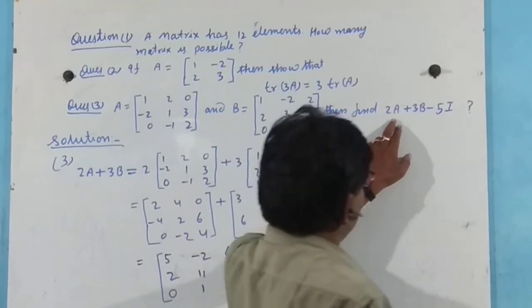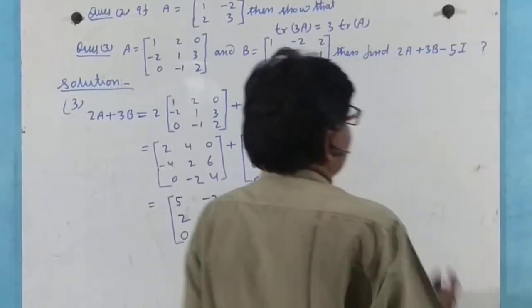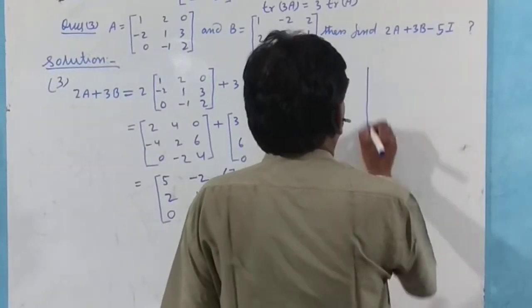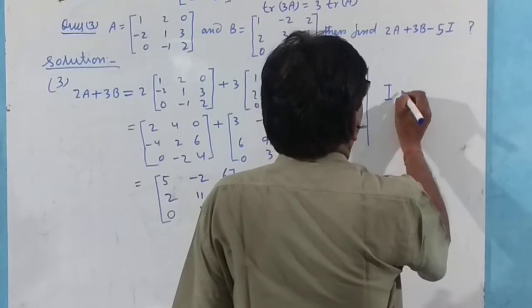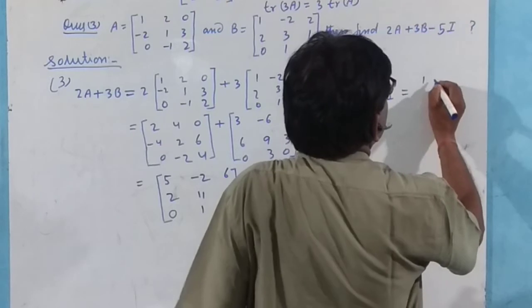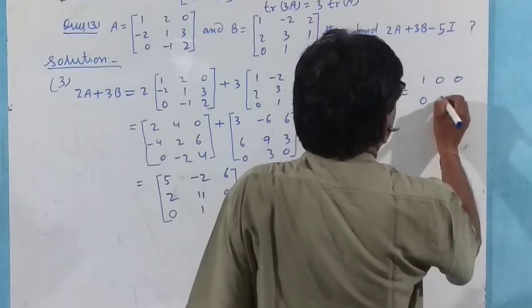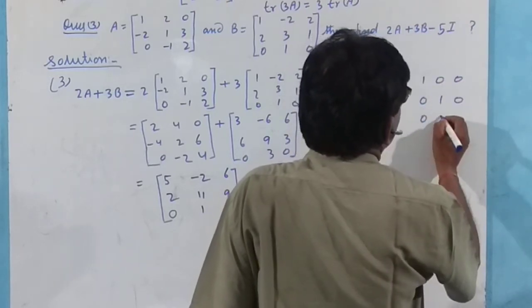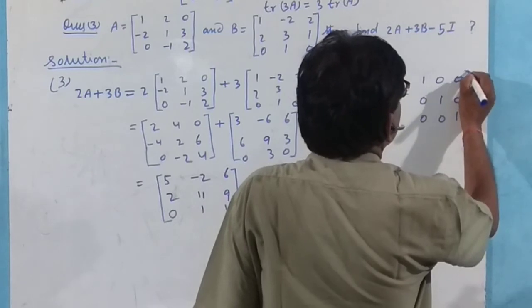Now if we find 2A plus 3B minus 5I, as you know that I equal to 1 0 0, 0 1 0, 0 0 1.